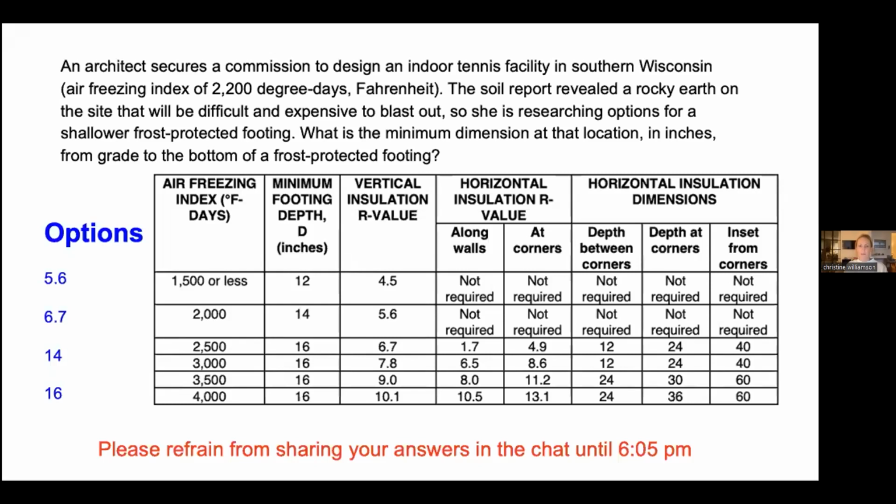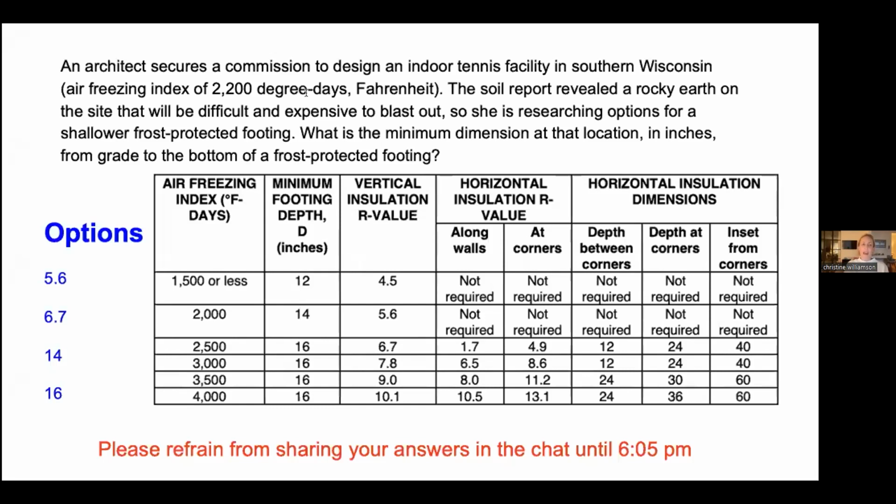What's relevant for this question is, just to read the table, where the minimum footing depth is located. So these are the rows and columns that are most relevant to us. The other stuff isn't.